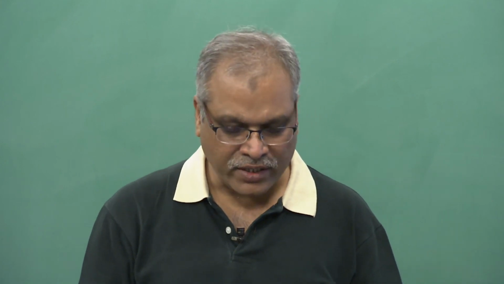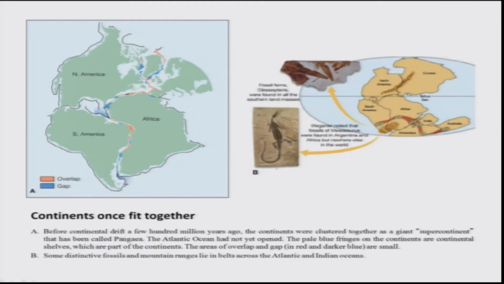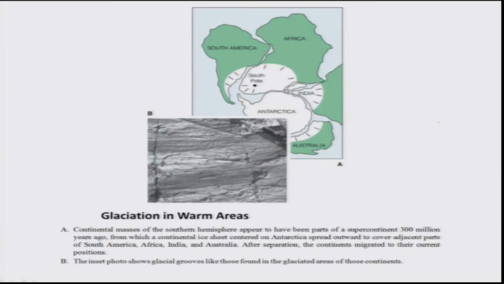So that is what they looked at, and they found areas which showed that the flora and fauna were very much similar in the subcontinents. And another thing they looked at was that these regions might have experienced a particular climate.